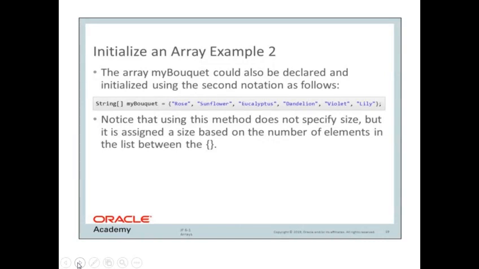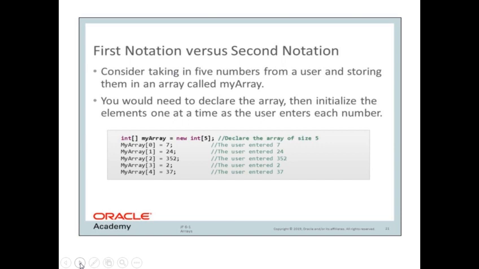Initializing an array example 2. The array myBouquet could also be declared and initialized using the second notation as follows. Notice that using this method does not specify a size, but it is assigned a size based on the number of elements in the list between the curly brackets. Consider taking in 5 numbers from a user and storing them in an array called myArray.